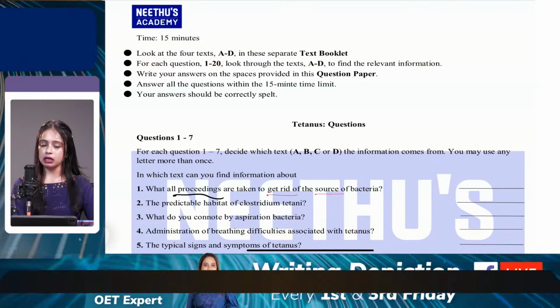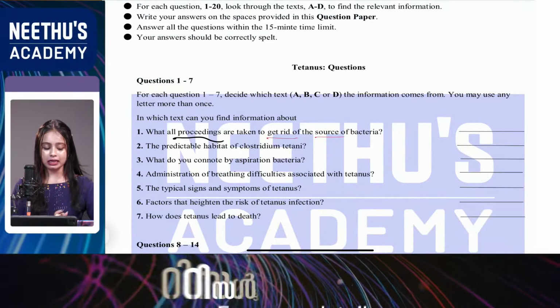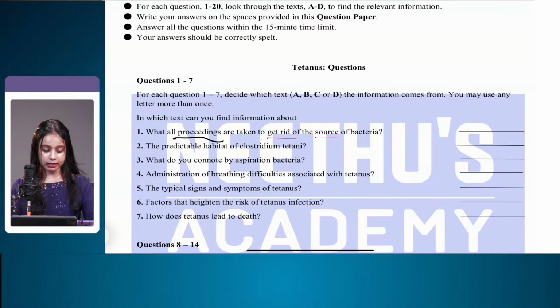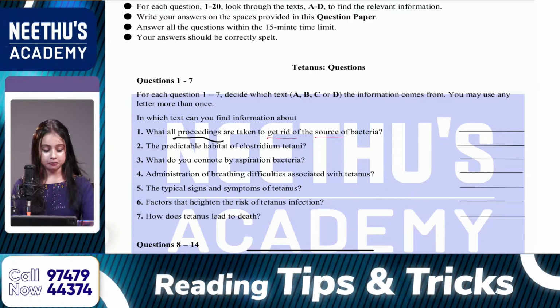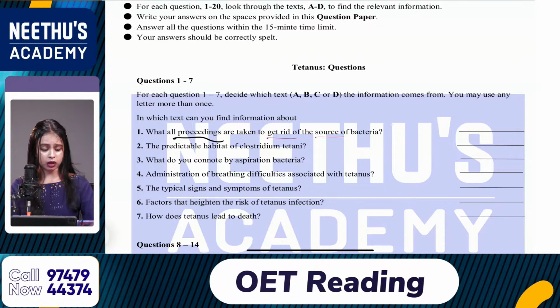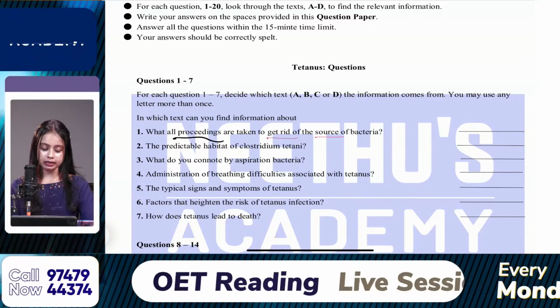So these are my 3 keywords from the question. Okay, Reshma, your keywords, proceedings, get rid, bacteria, very good. Reba, get rid, source, bacteria. Jiva, it is source, bacteria, very good. And Kartika, it is get rid. Megha, all proceedings, source, bacteria. Kavita, proceedings, get rid, bacteria.